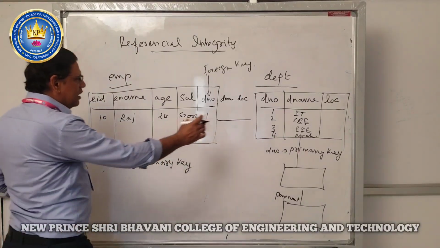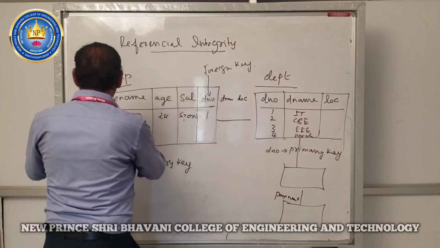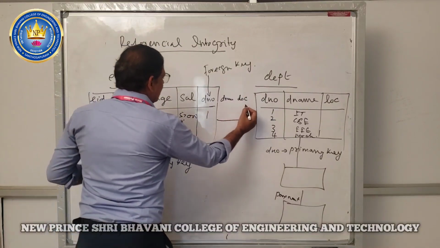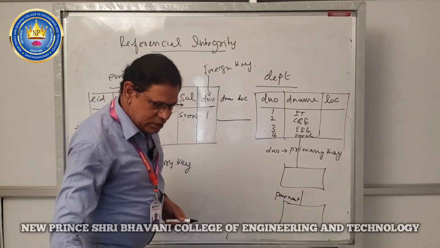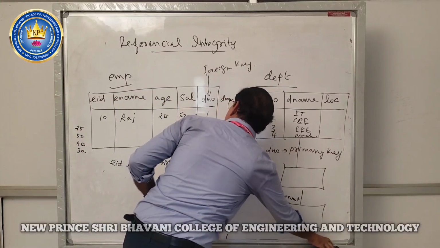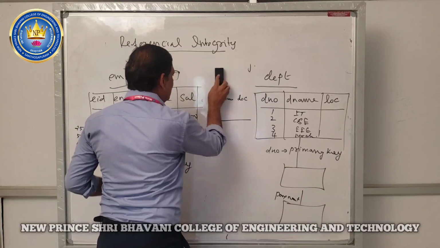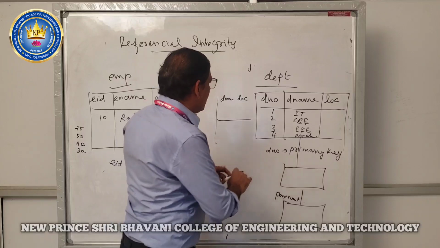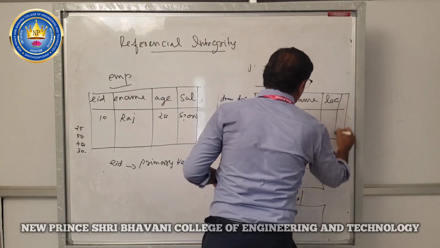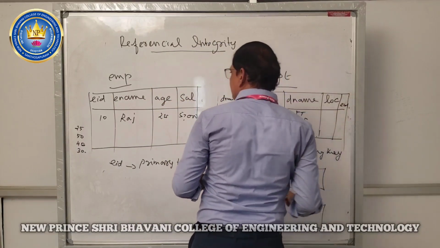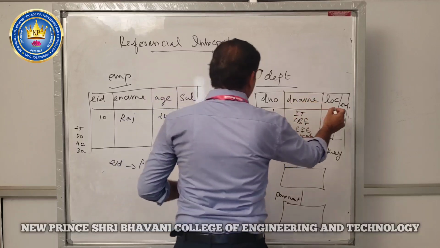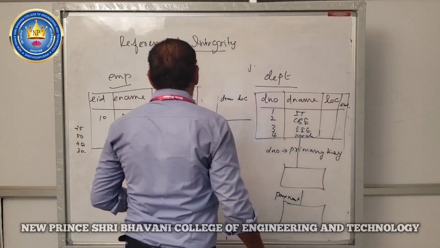For example, in the department table we can have EID. So instead of this table acting as the foreign key, we can keep another field, EID, to be the foreign key of the department table.